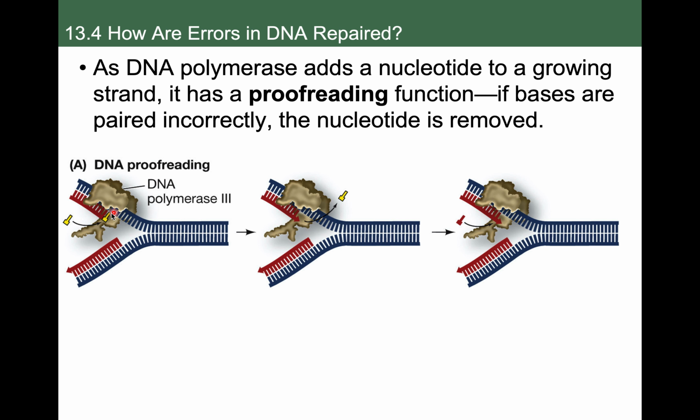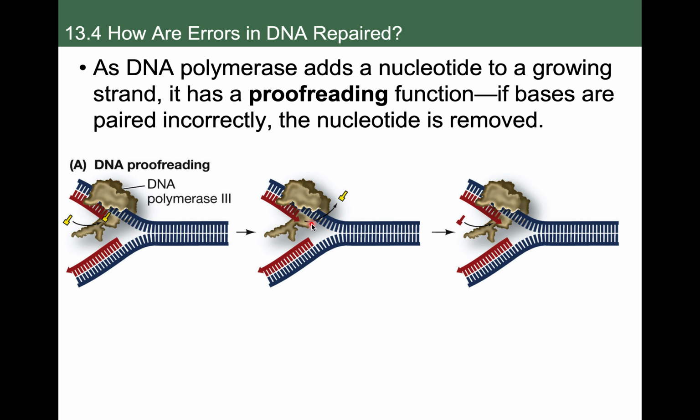So, as DNA polymerase is going along the template DNA strand and building the new complement, it literally double checks itself to make sure it's inserted the right base. So in this case, it didn't. Wrong base came in and momentarily paired or tried to pair, and DNA polymerase turned on its spell check and said, nope, that's not right, and kicks it out and waits for the correct one to come in.